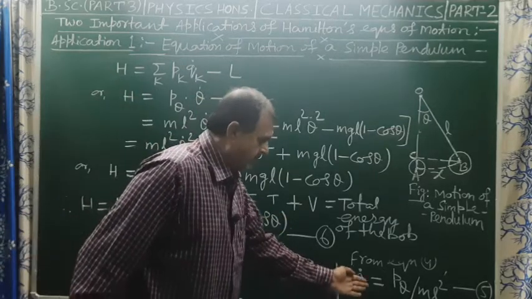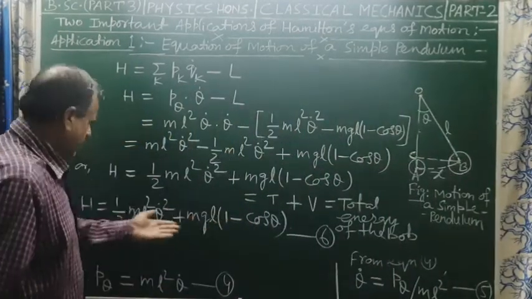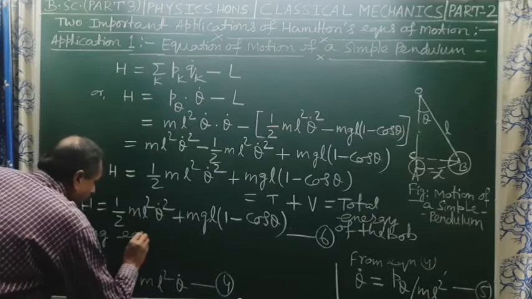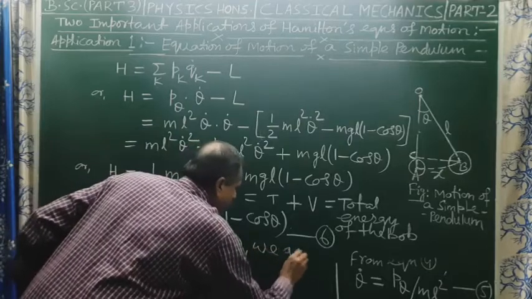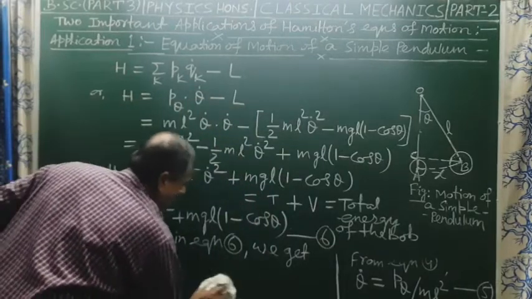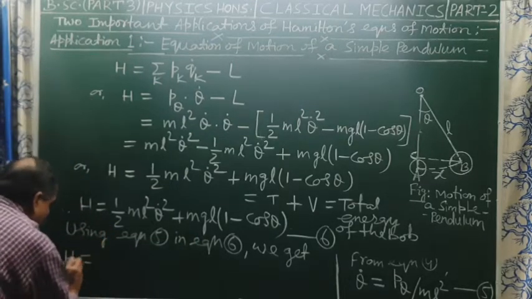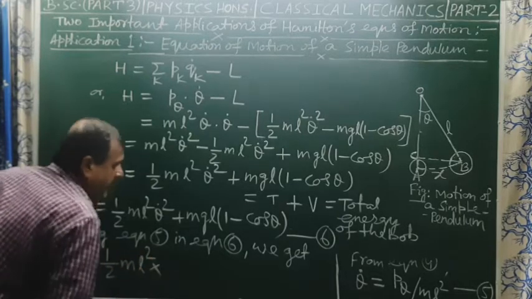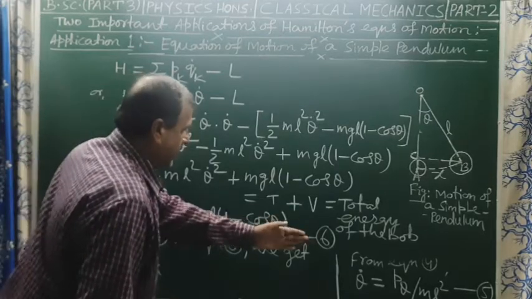So using equation 5 in equation 6 we get the Hamiltonian function H for a simple pendulum as 1/2 ml square into theta dot, where theta dot is p theta upon ml square.